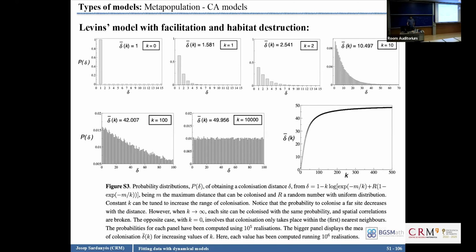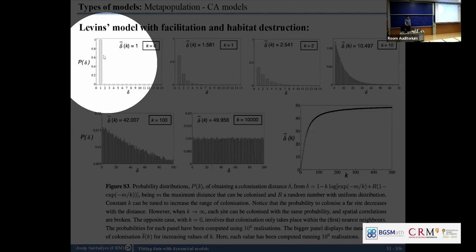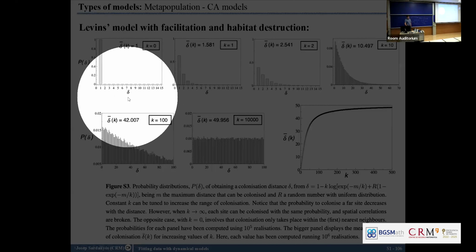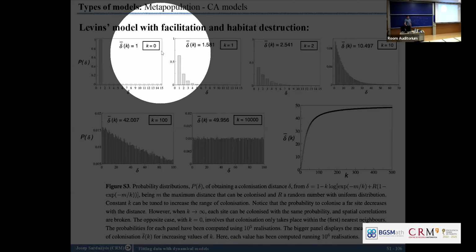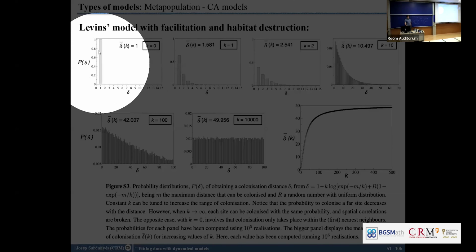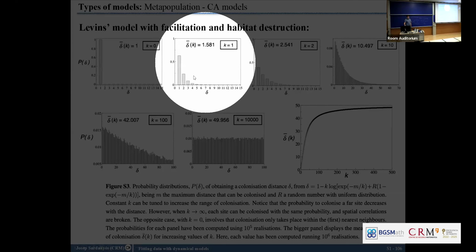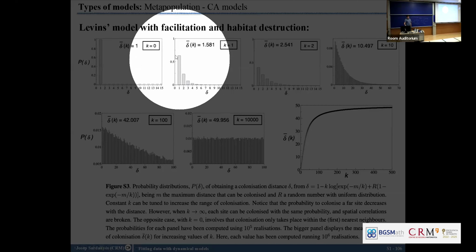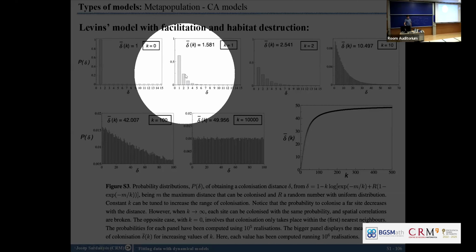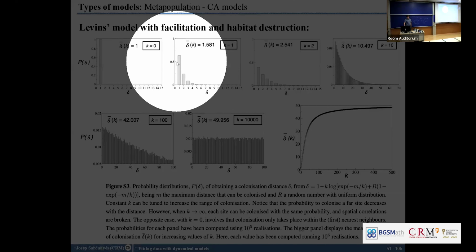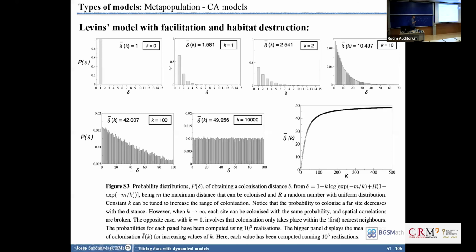So this is the probability of going to a distance delta as a function of delta. If K is equal to 0, then you will always go to the first neighbor. If I increase K, then you will colonize farther, but depending on the distance. So it will be more probable to go very close, and more difficult to go very far.